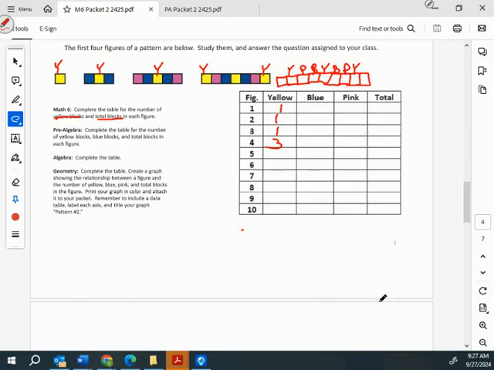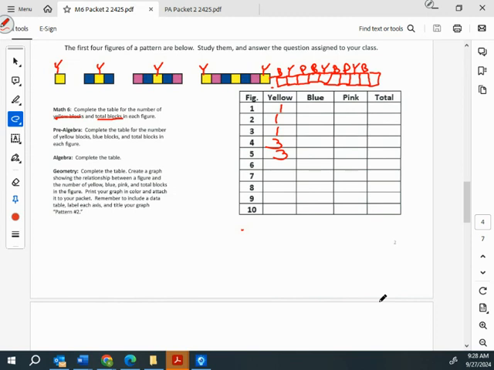Blue. After the yellow, I add on blues. So how many yellows are going to be in figure 5? Emma? 3. I'm going to follow that same pattern for figure 6. How many yellows are going to be in figure 6? Sarah? 3.